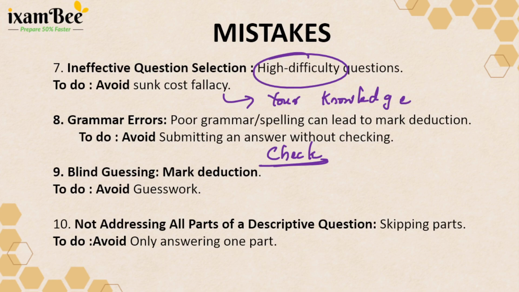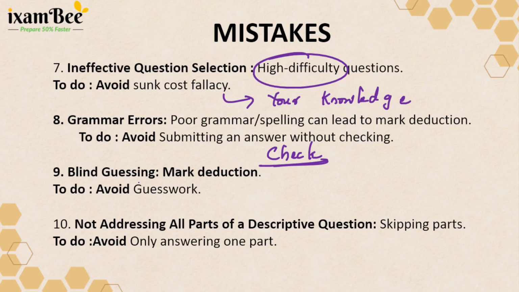Again, yet another problem is blind guessing, which is another mistake that students make. Though you are talking about descriptive answer writing, sometimes a question might appear on your screen and you might not be able to understand what the question is really asking about.